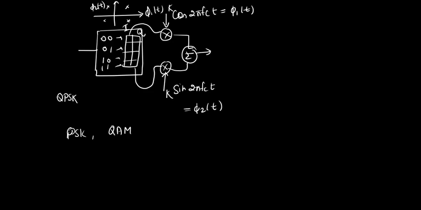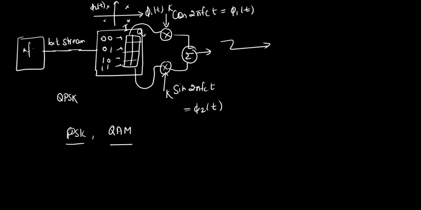That is why we call that for any ASK or QAM scheme, the transmitter can be designed from here. Bit streams. This is your information source, which by some logic you are converting to bit streams, and then this logic is used, and then this is transmitted.